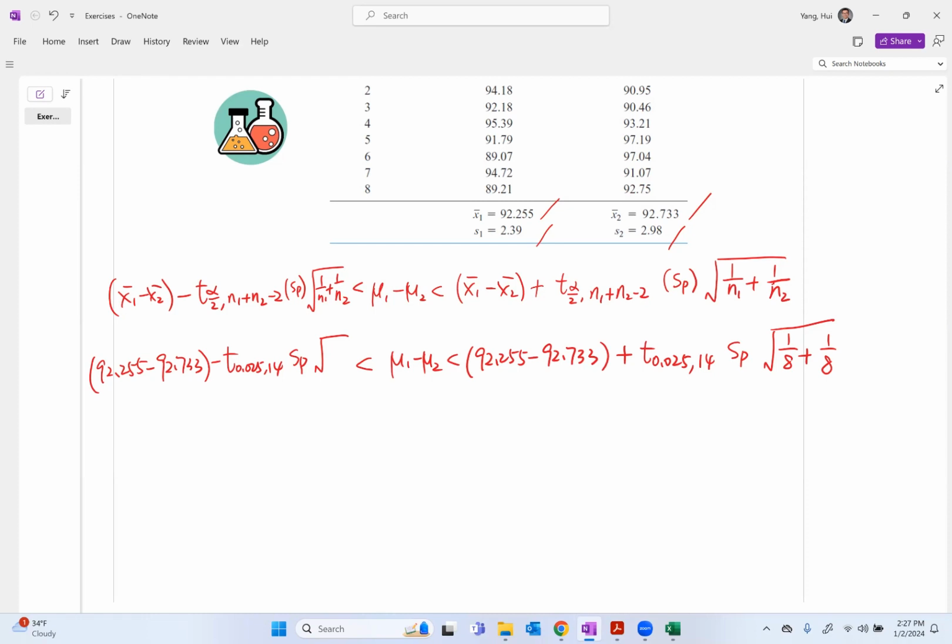So in total, this will be 2 over 8, so 1/4, and the square root of 1/4 is 1/2. So this part will be 1/2.